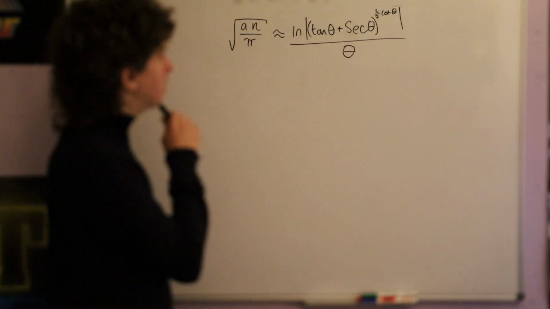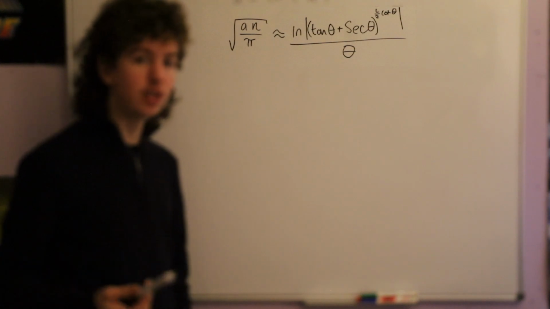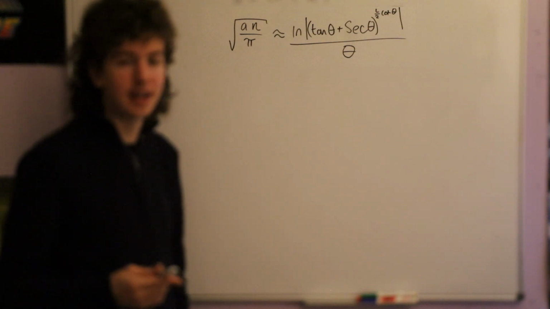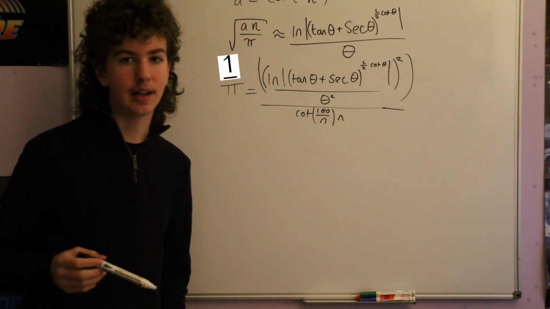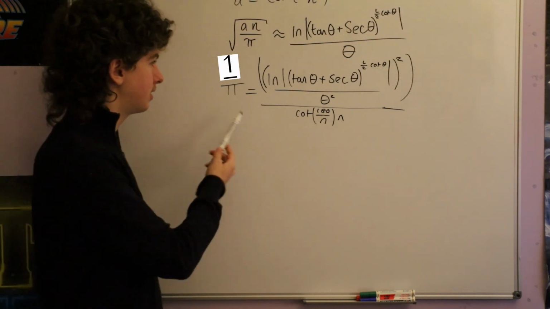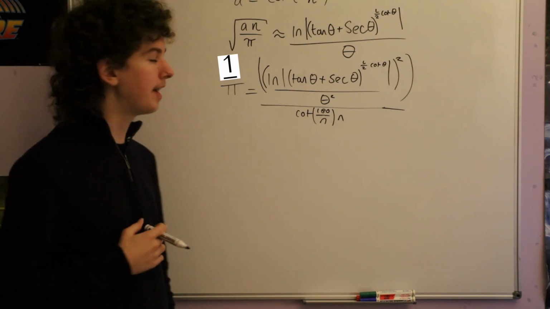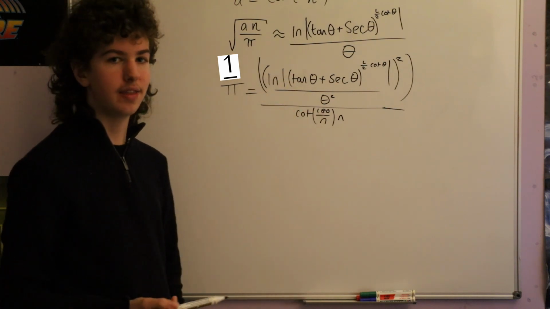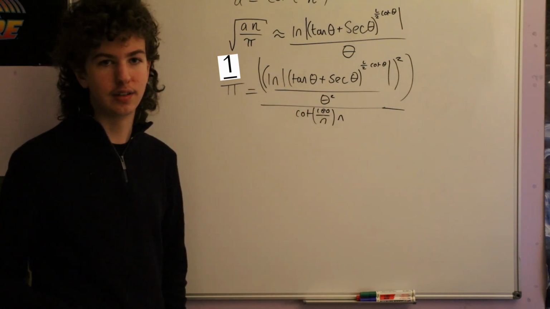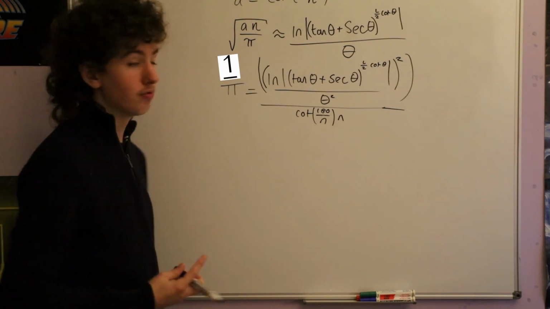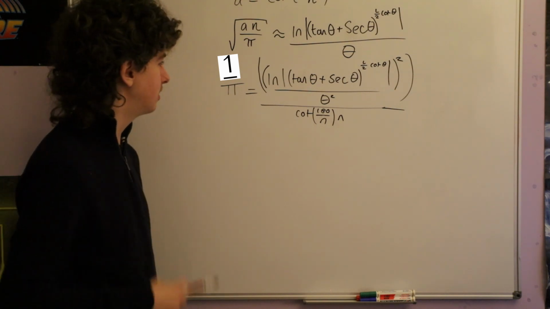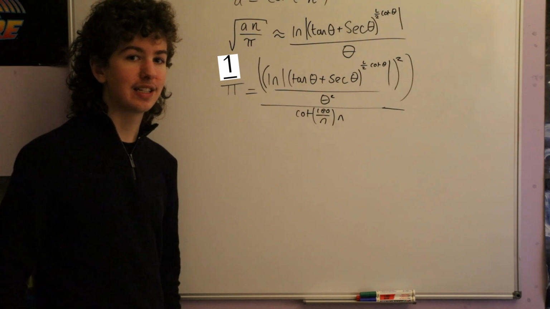Now, interestingly, what we can do is rearrange this to get an expression for pi. This is kind of circular. I mean, yes, it does give you an approximation for pi, but you're putting pi into the theta, you're using trig functions. It's not really an approximation at this point, it's just a weird expression.